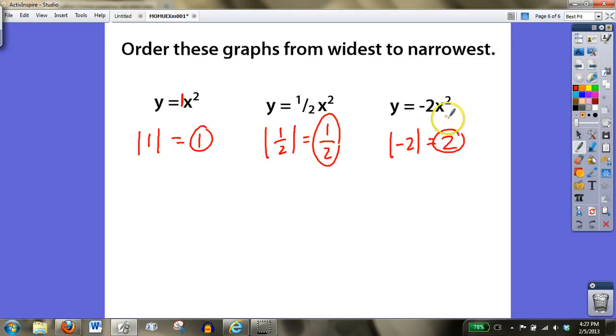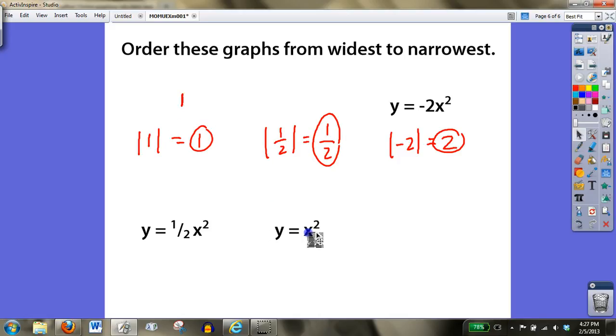Okay, so as you copy these down, recopy them a second time where, let's see, this one is in front. Because according to its absolute value of a, this will turn out to be the widest graph of the bunch. The next, as we narrow things down, the one that's second place in terms of width would be this one.